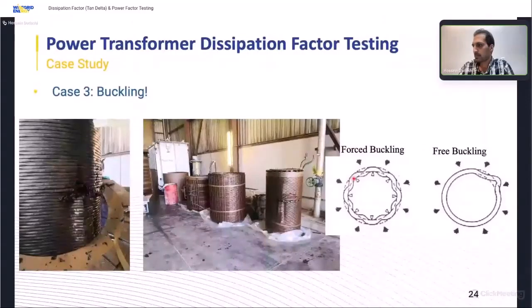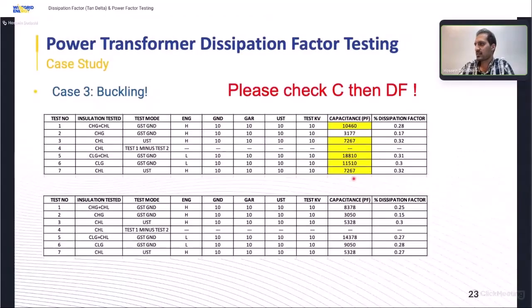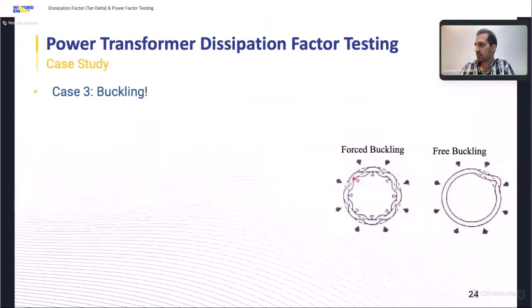At first, we found it by winding resistance measurement. Then we did capacitance and tan delta measurement, and we found, okay, we have buckling and winding deformation inside of the transformer. So please always check C before tan delta, because it shows us a very important thing, and we can find out the problem inside of the equipment.